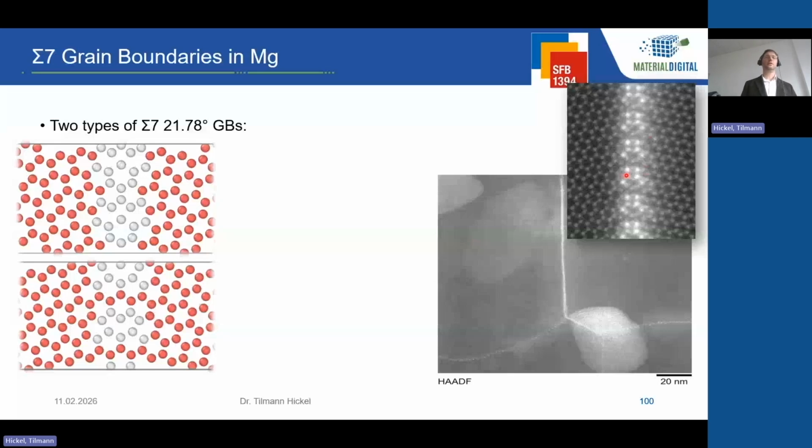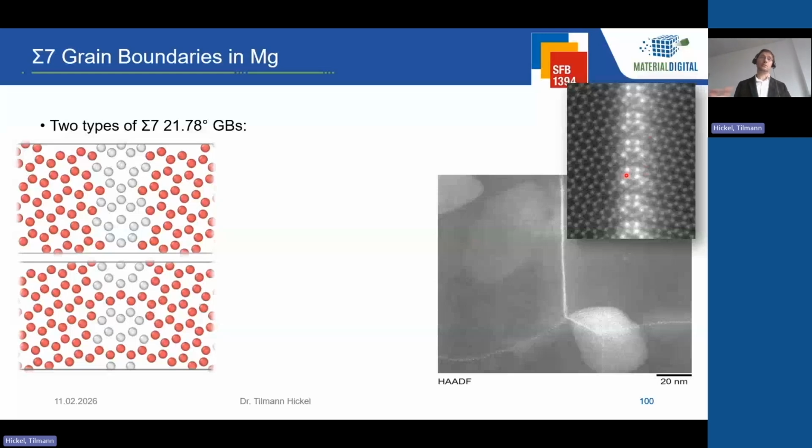So for this structure in magnesium, there are two different flavors of this grain boundary, and we would like to see which flavor, which structure is stable under which conditions. And this performance of the grain boundary is connected to the alloying, and the alloying is connected to the mechanical behavior of magnesium. So pure magnesium is very brittle.